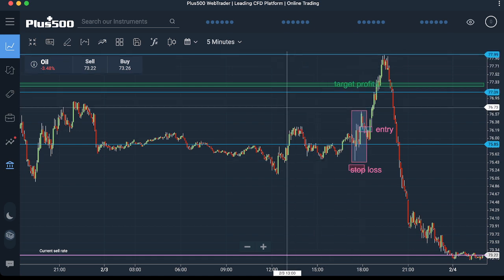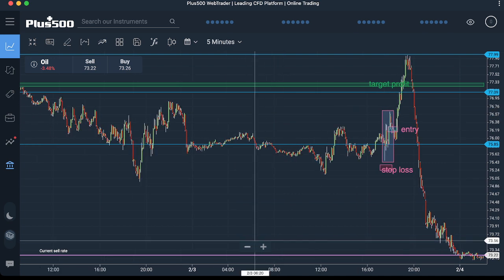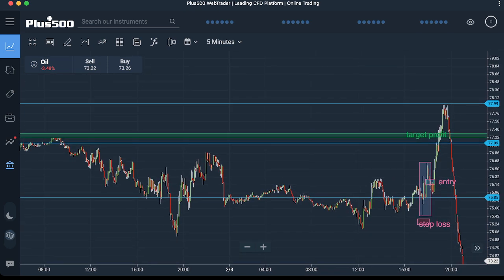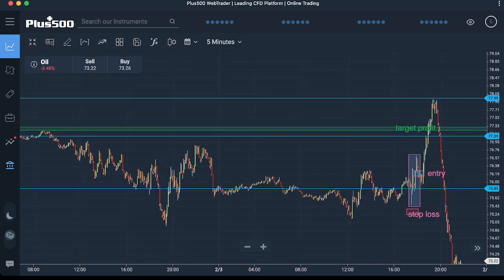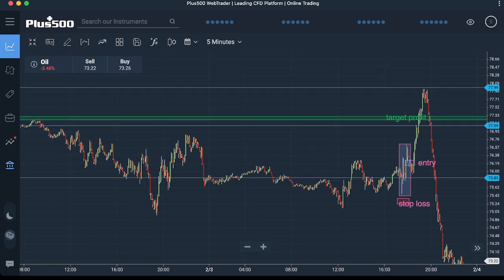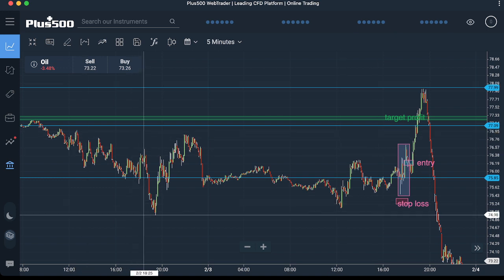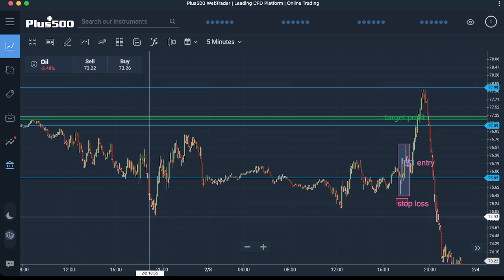So this was a classic actually catching the buy side and sell side liquidity on Fridays, which usually is happening. So you can see first price push to the upside, it took the buy side liquidity first, and once it's clear, it went to the downside and it cleared this level, which was the sell side liquidity as well.